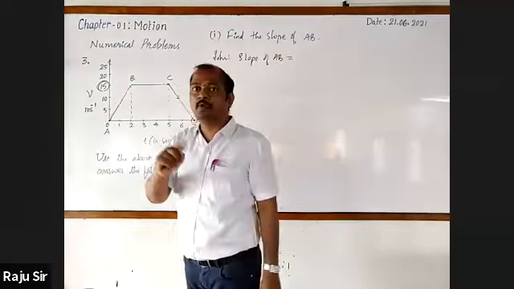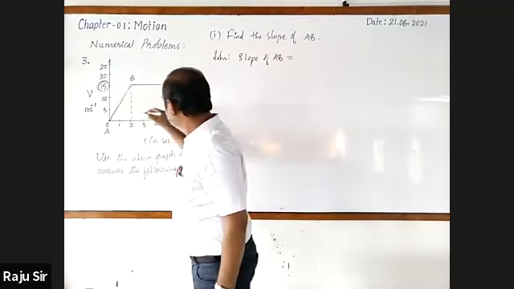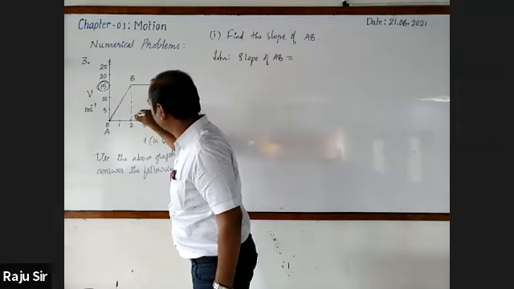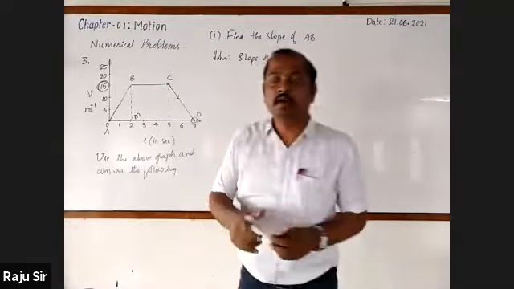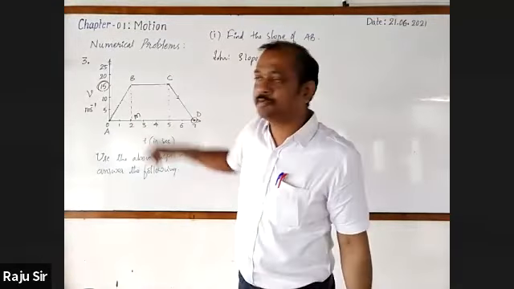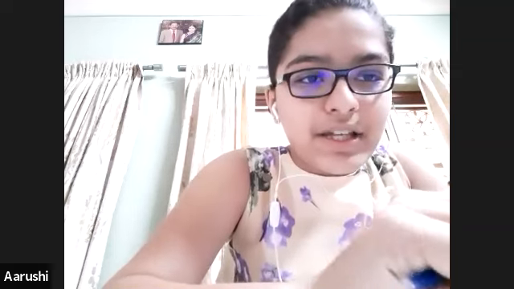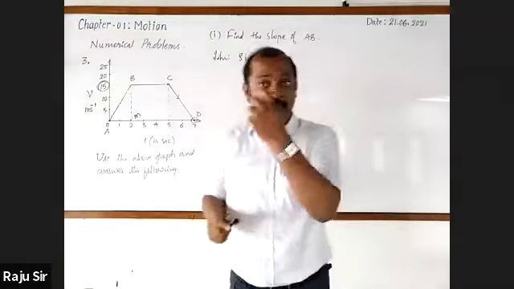I am just marking one more point. This point I have taken M. Arushi, now could you tell the slope of AB? Sir, slope of AB will be equal to BM by AM, vertical distance by horizontal distance.